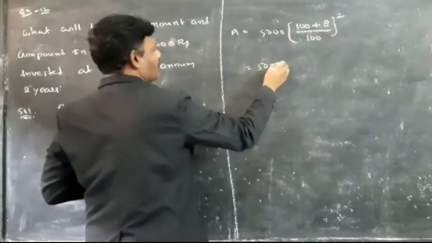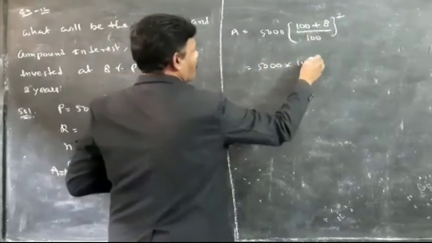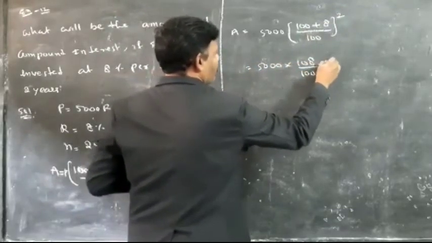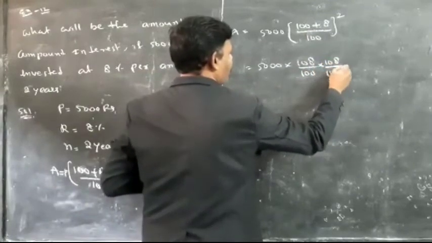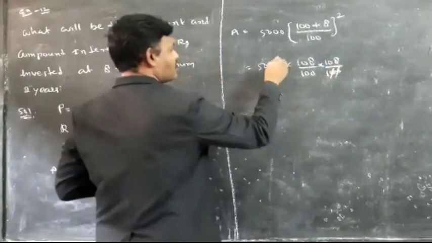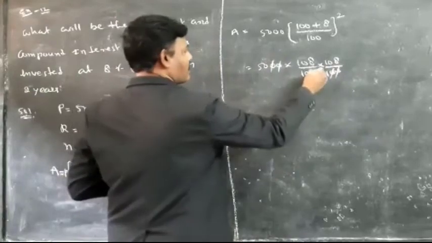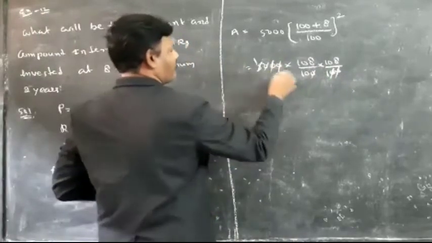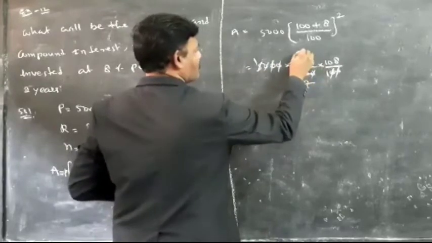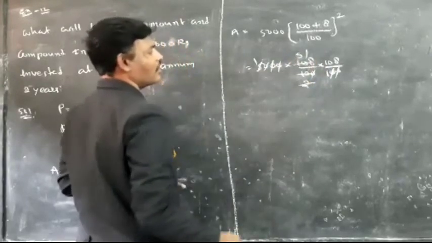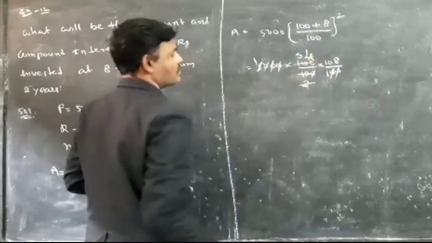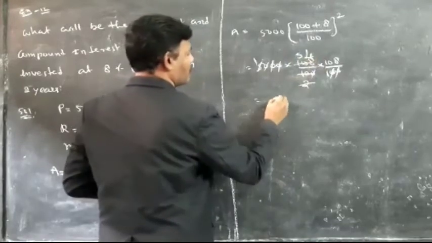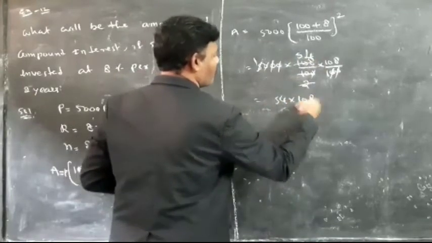So it is 5,000 into 108 by 100 into 108 by 100. 0 gets cancelled, 0 gets cancelled. Similarly, 0 and 0 get cancelled. What is the remaining here? 5 ones are 5, 2 twos are 4, 2 fives are 10, 2 fours are 8. It is nothing but 54 into 108.